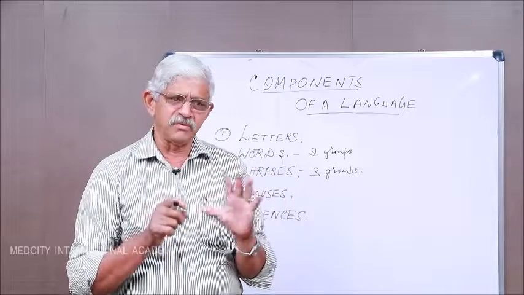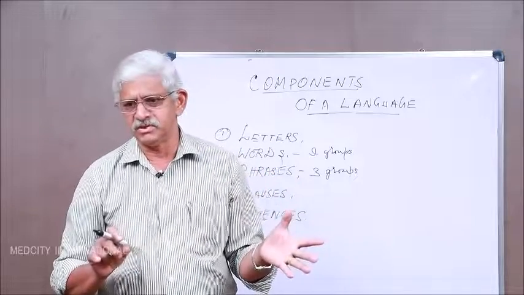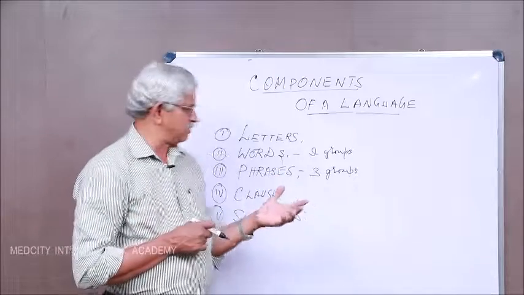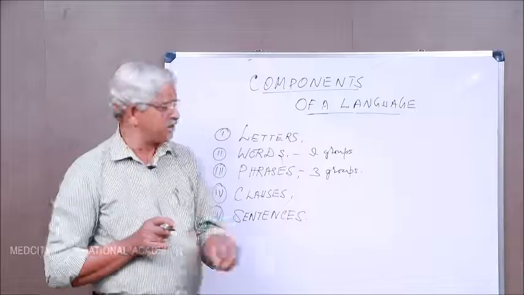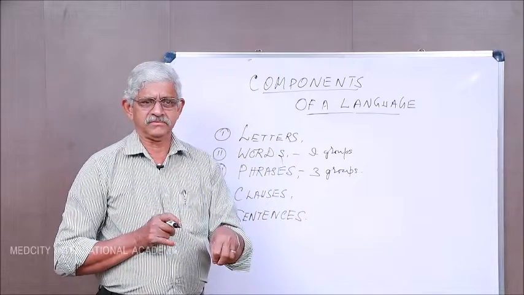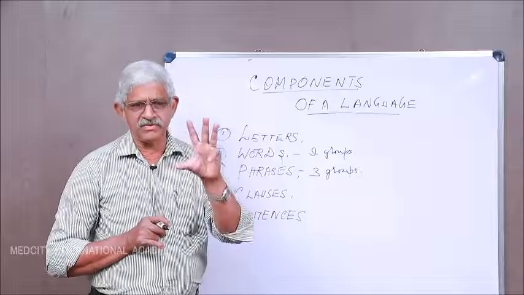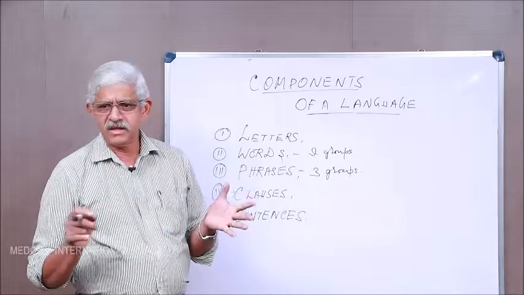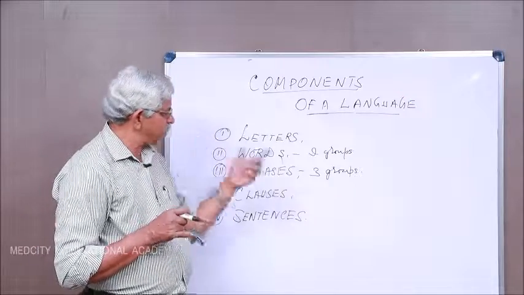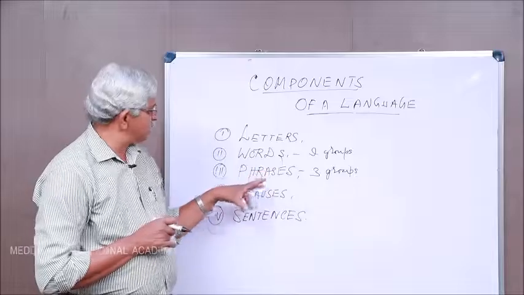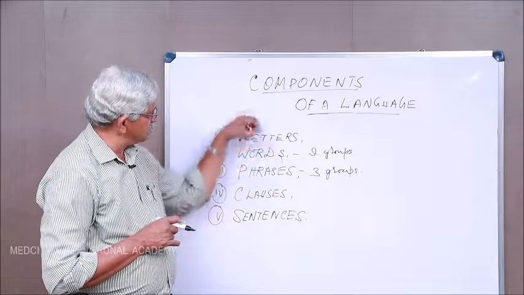When the phrase does the work of an adverb, it is an adverb phrase. That we will study later in the coming episodes. But now I want you to remember, there are 3 kinds of phrases: the adjective phrases, the adverb phrases, the noun phrases. You understand?